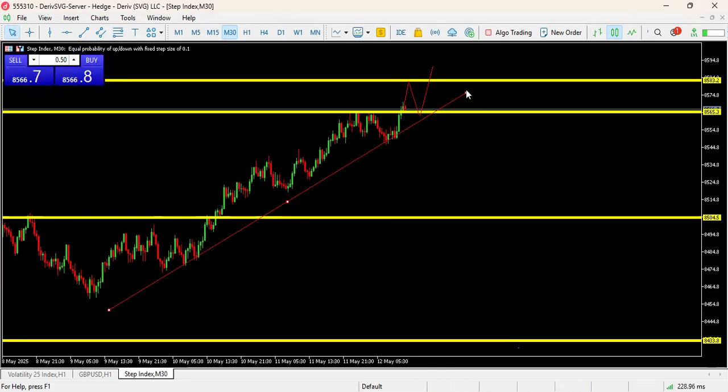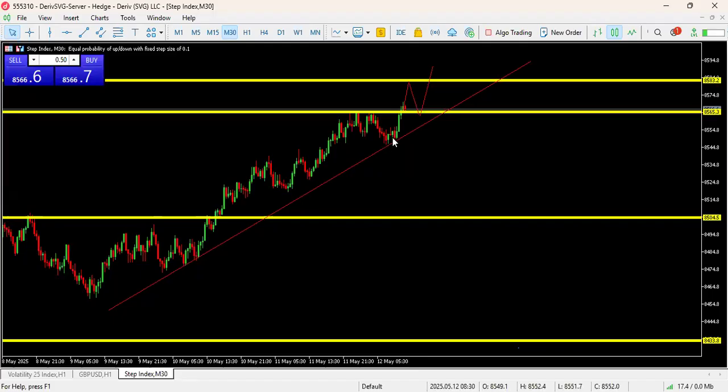Now, in that trend line that you drew, you can see there's a pattern in that area. If you go to a lower time frame, you can see there's a double bottom in that area. Now, with that double bottom, can't we buy at the neckline?